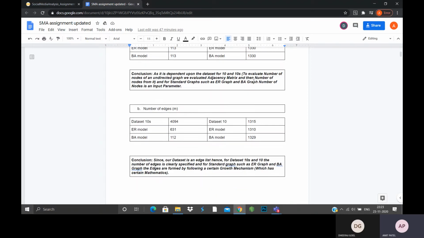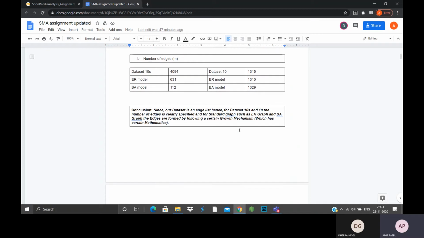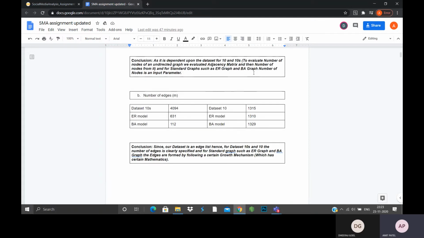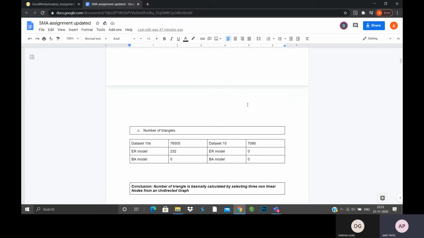The number of edges M can be different as the ER model and BA model follow different growth mechanisms, which have certain mathematics involved. As you can see, the number of nodes is the same, but the number of edges can be different. Next, the number of triangles.